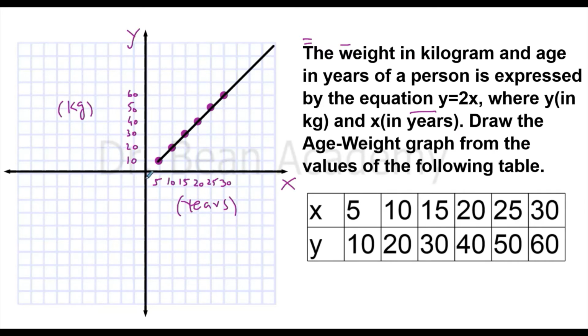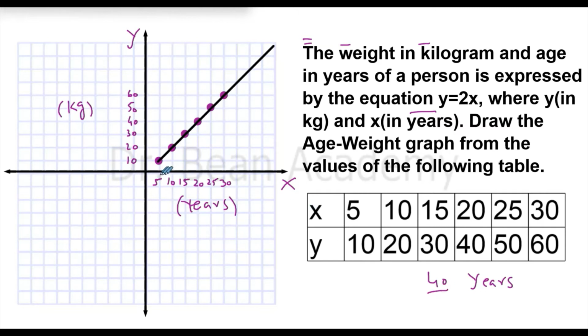For example, you have this data: when his age was 5 to 30 years, you have his corresponding weights in kilograms. My question is, when his age is 40 years, what do you think his weight would be at that time?